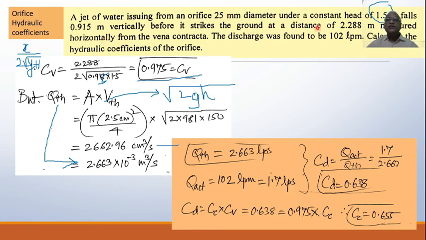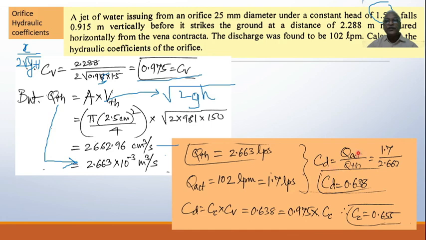Actual discharge is given 102 liter per minute, right? So I can convert this into liter per second. 102 divided by 60, so if I do that, I'll be getting 1.7 liter per second. So actual discharge is 1.7 liter per second, whereas theoretical discharge is 2.663. Comparing these two, I can calculate CD.